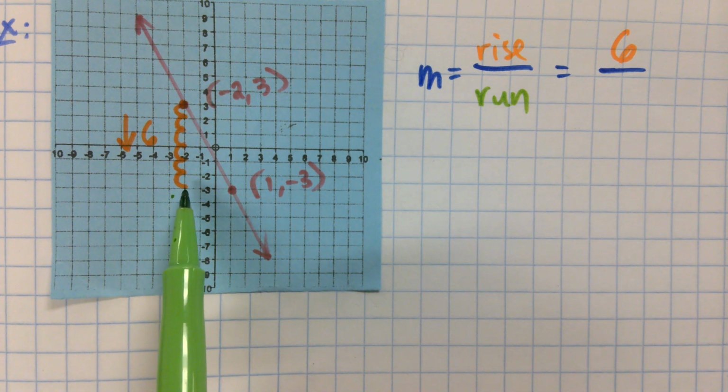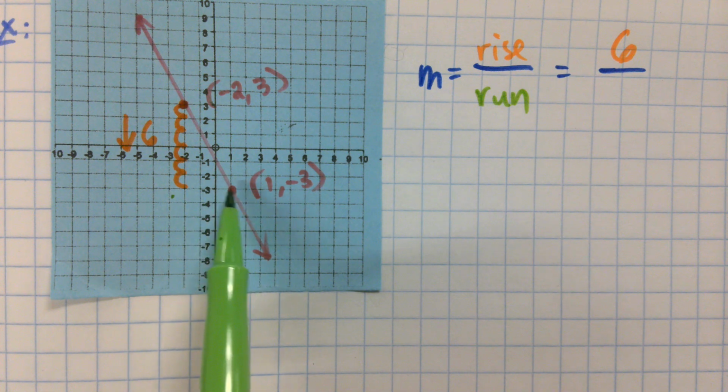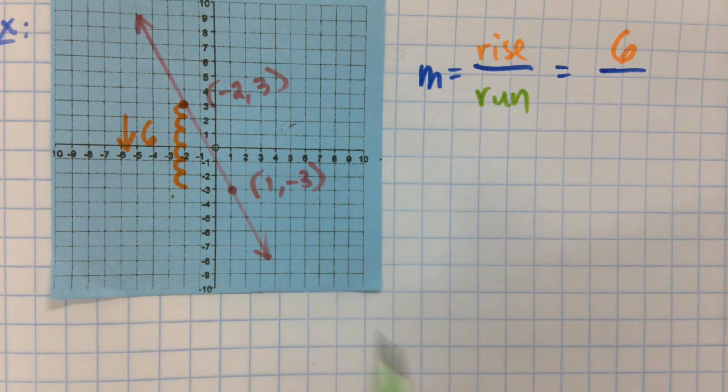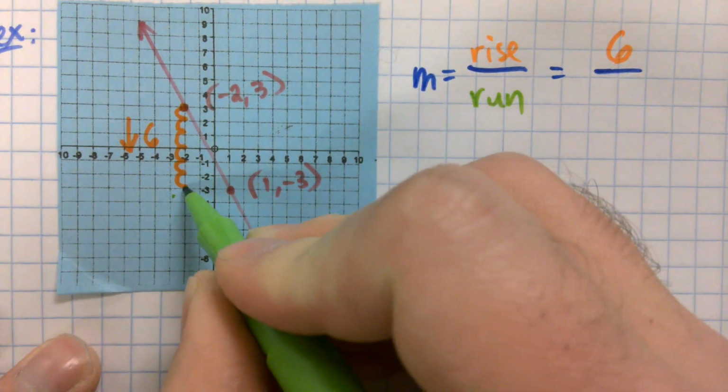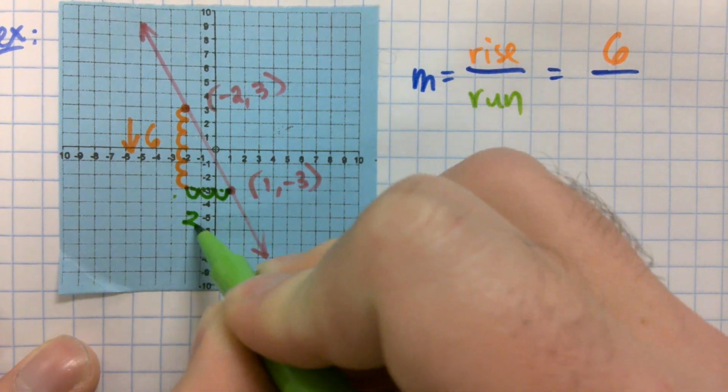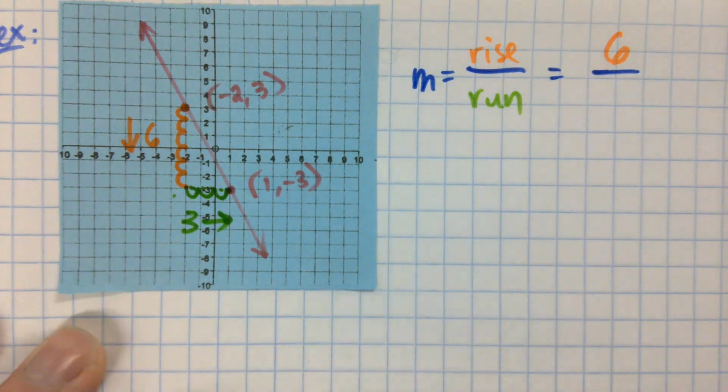From here, are we going to run to the left or run to the right? If we want to land on this point here, are we going to go to the left or the right? Anybody? To the right. Take a look. If we're here and we want to end up here, we got to go to the right. 1, 2, 3 spaces to the right.